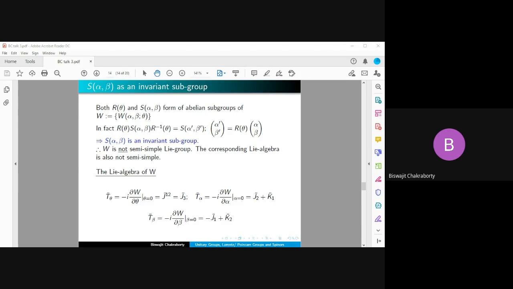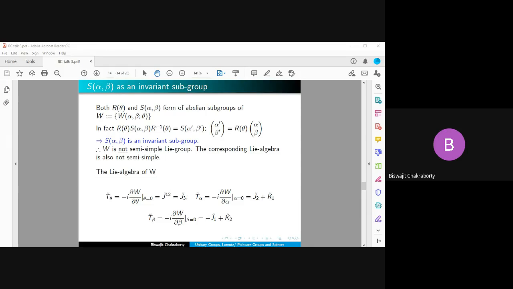Now let me find out what is the Lie algebra of this W. As I told you, all that you have to do is consider an element close to the identity and expand around the identity, retain the first order term, and then identify the generators. The SU(2) example I had done explicitly. A more economical way is just to differentiate with respect to the parameter and evaluate at the origin.